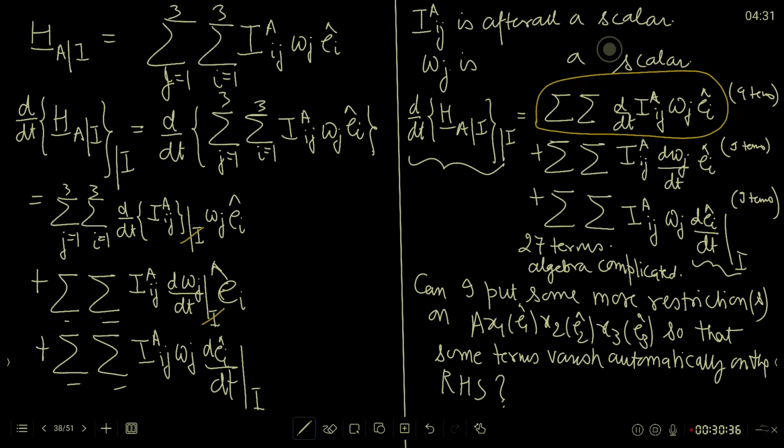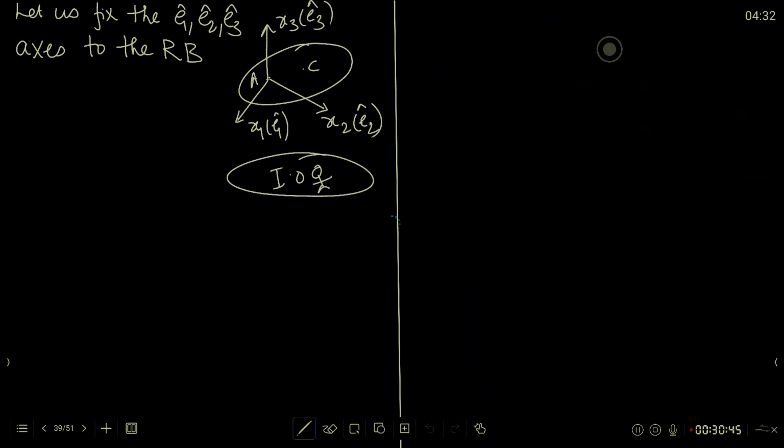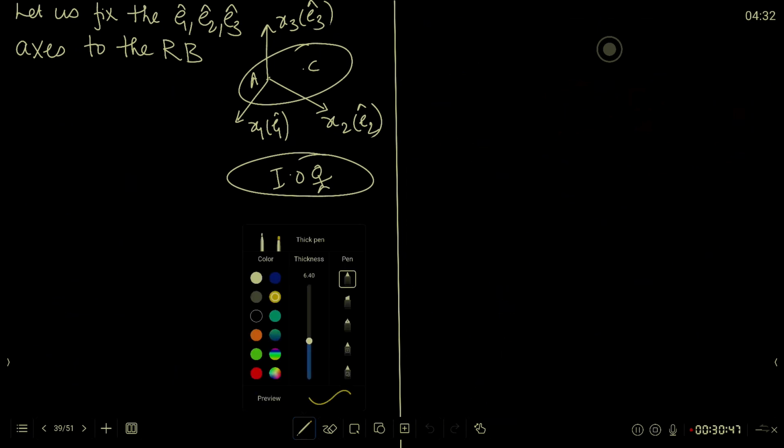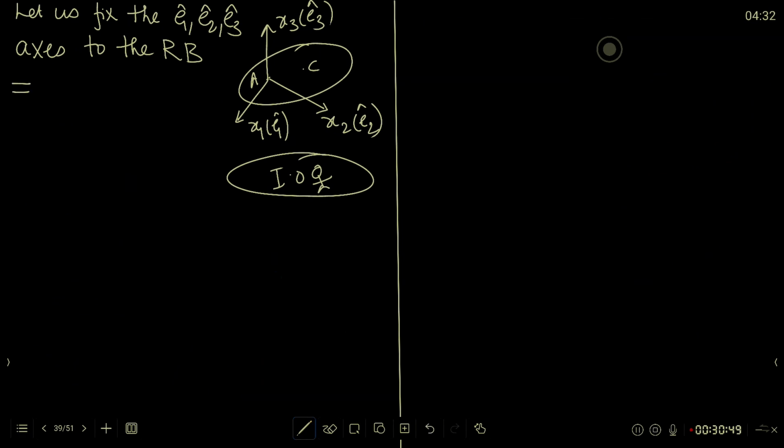This term involves this quantity that will vanish, for all i equals 1, 2, 3, j equals 1, 2, 3.